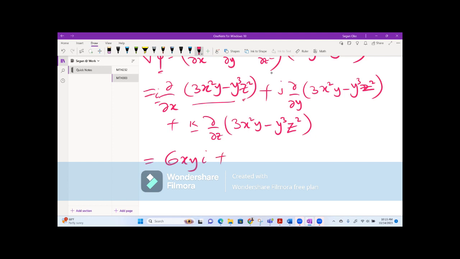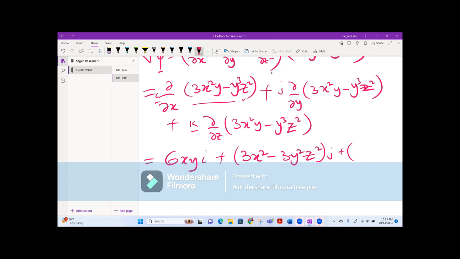Plus. Now we differentiate the second one with respect to y. What do we have? 3x squared minus 3y squared z squared. Do you agree with me? Yes. Okay. The last one will be what?